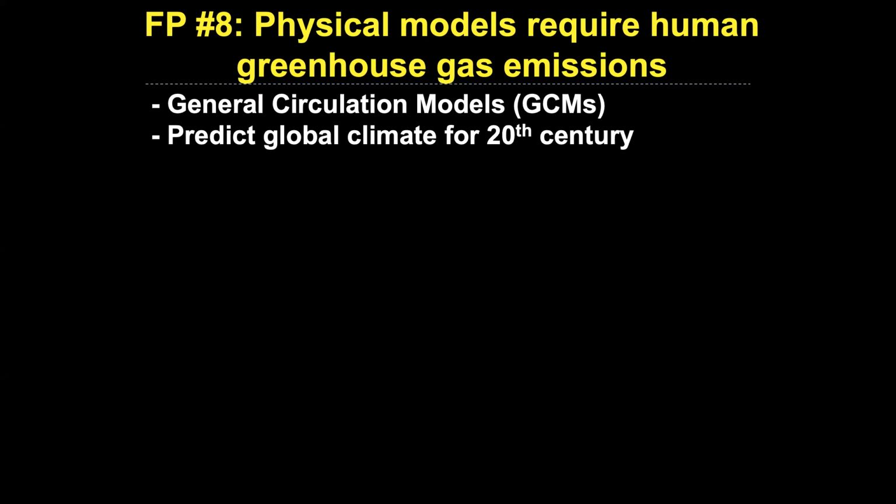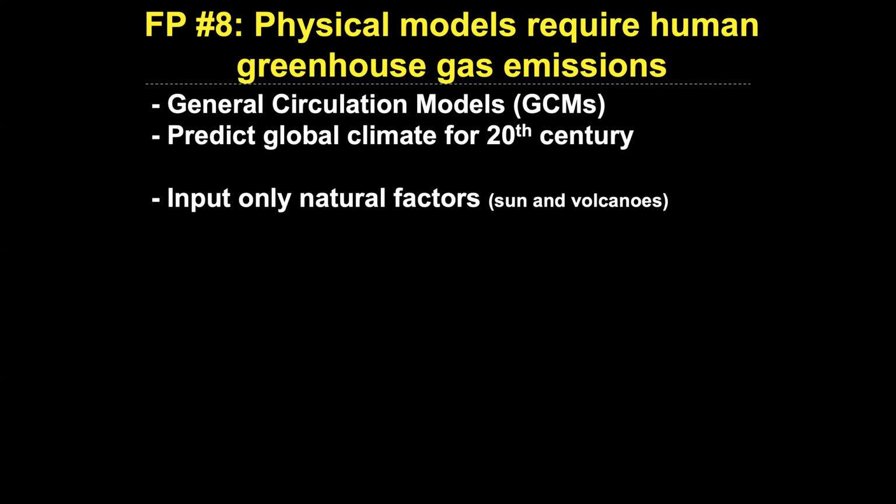Okay? So they predict global climate for the 20th century. You can sort of go back in time. You can run them from the past into the present and then into the future to see how good they are. If you input only natural factors into these models, meaning the sun and volcanoes, and please pay attention to this part, GCMs would actually be predicting that we would be cooling at the moment.